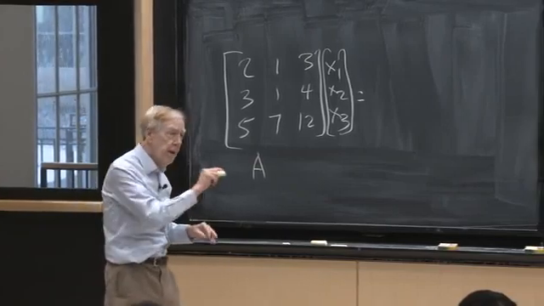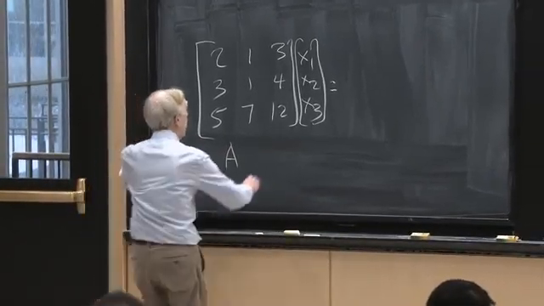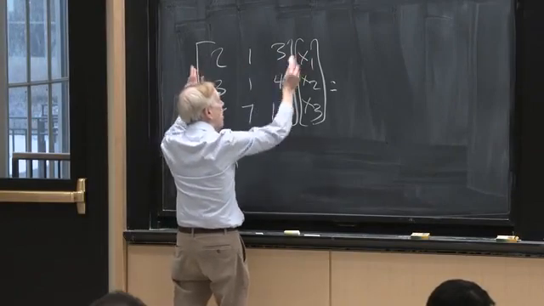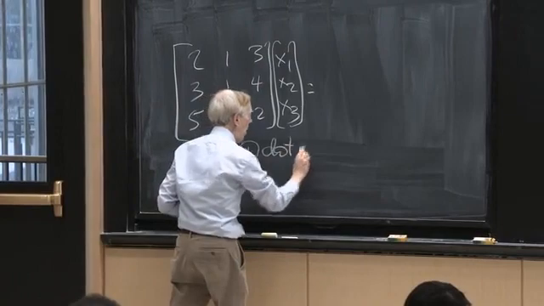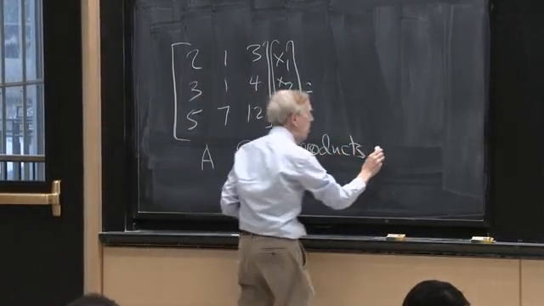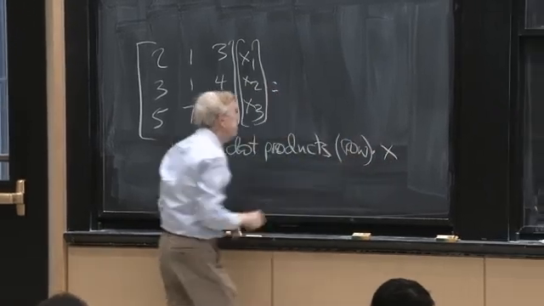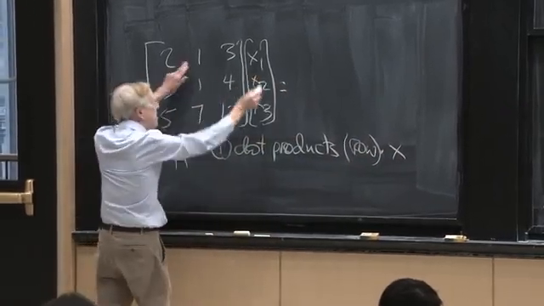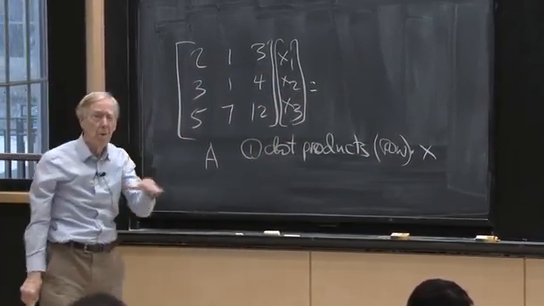If you think of the rows, which is the standard way to multiply, you would take the dot product of row dotted with x. Right: 2x1 plus x2 plus 3x3. It gives you the answer a component at a time.